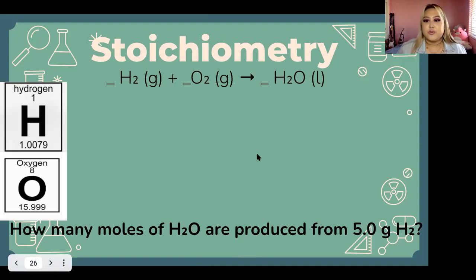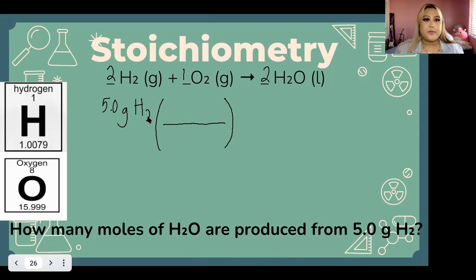How many moles of H2O are produced from 5 grams of H2? And we had already done this, so we're just going to add that there. 5 grams of H2. Okay. What do we plug in here?